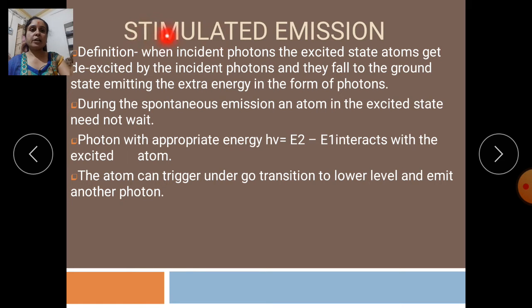In this stimulated emission process, we first give the definition. When a photon is incident on an excited state atom, the atom gets de-excited by the incident photon and falls to the ground state, emitting the extra energy in the form of photons.